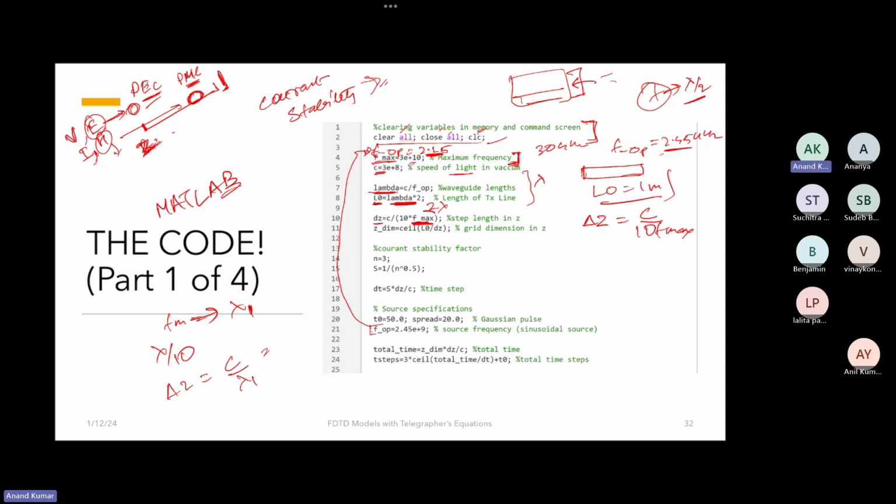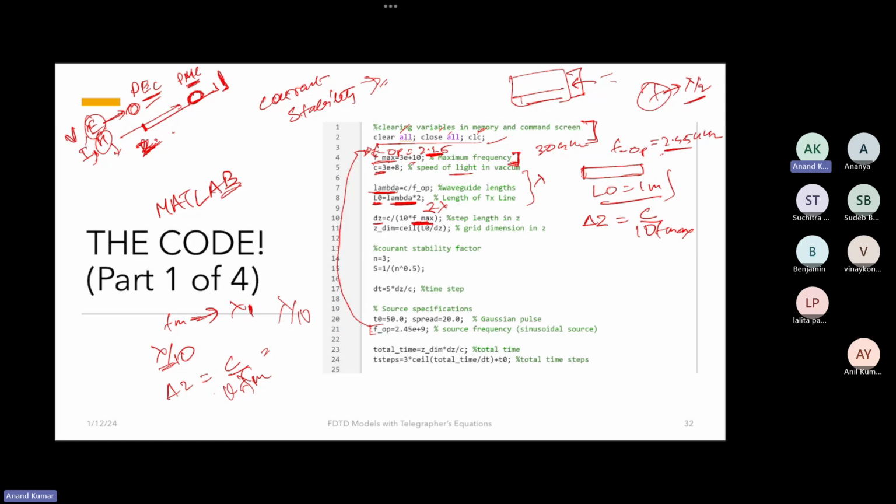Yeah, correct. So I've written lambda in terms of c by Fmax, and since we usually approximate by lambda by 10, this becomes 10 Fmax.